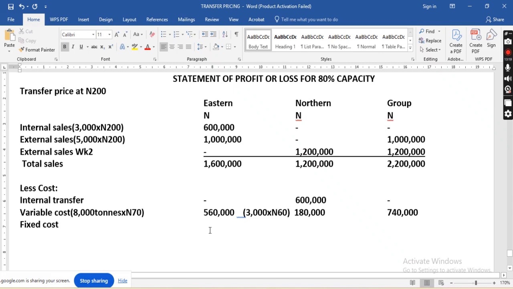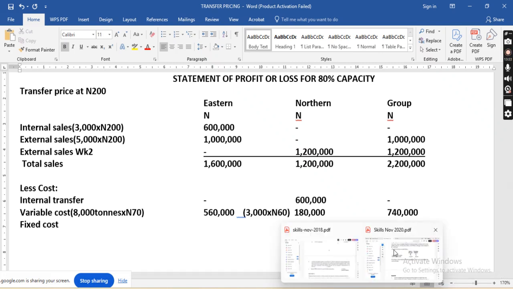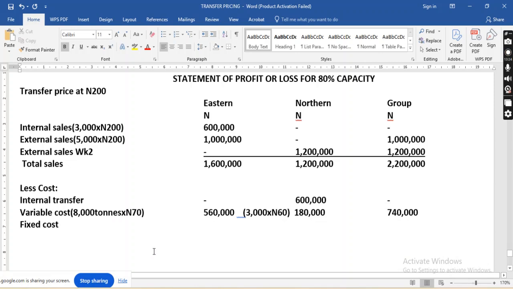What is the fixed cost given to us in the question? The fixed cost is 150,000 for Eastern and 60,000 for Northern. Thank you. Then what is the total? 210,000. Okay, now what is the profit?